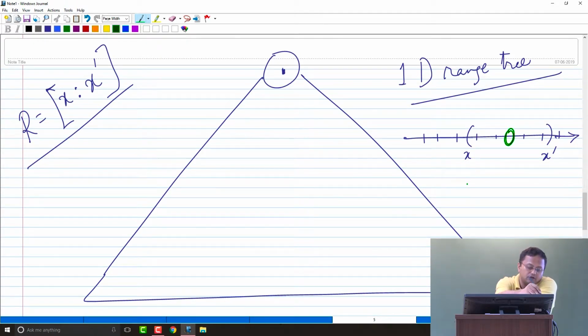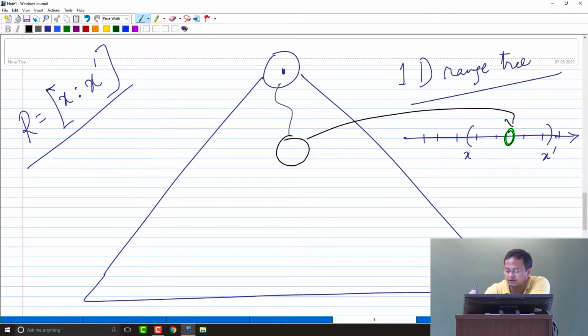Let your path be something like this till you obtain a node which has a value within this interval x to x dashed.